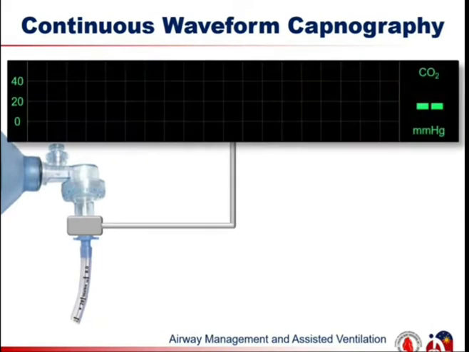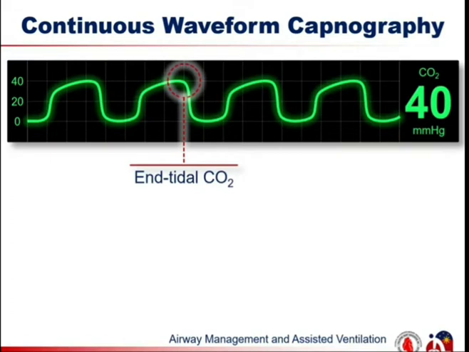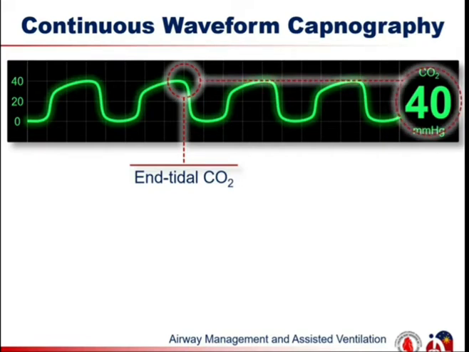This sensor is attached to a monitor which graphically displays the inhaled and exhaled carbon dioxide concentration against time. The peak of this waveform is referred to as the end-tidal carbon dioxide, and its corresponding numerical value is usually also displayed on the monitor.